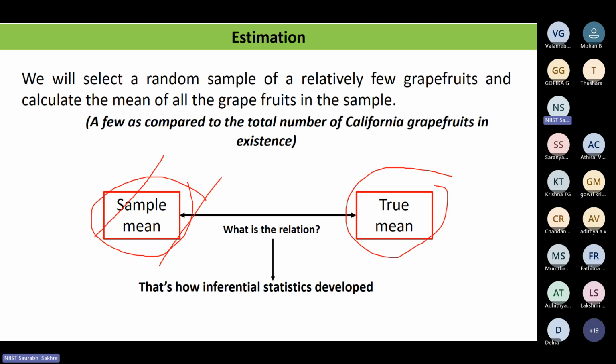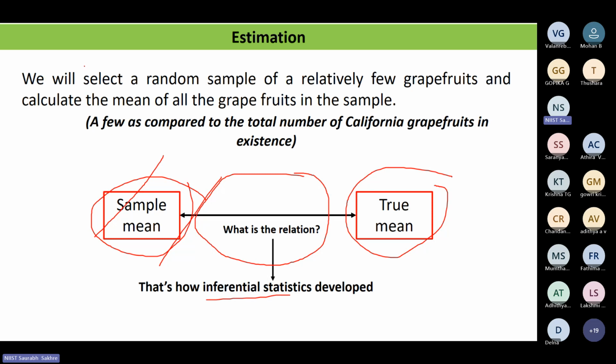That means our sample mean should ideally be the same as the true mean. If not the same, at least it should be near the true mean, so that I can draw inference for my population. The gap, we will fill using inferential statistics.